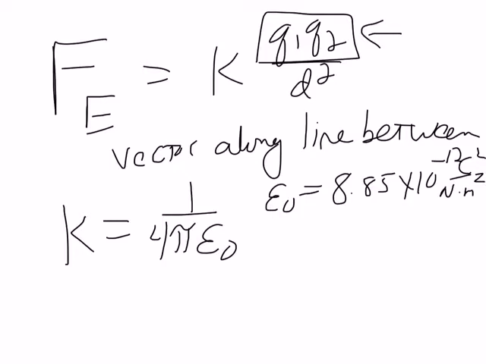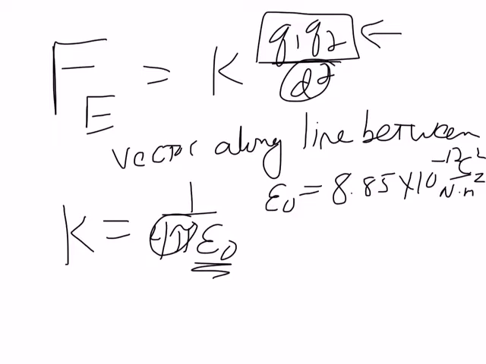Why would you do this? Well, for one thing, you get a 4 pi d squared, which kind of looks like the surface area of a sphere of radius d around one charge. It turns out epsilon naught, which is called the permittivity of free space, is the more important quantity between K and epsilon naught.